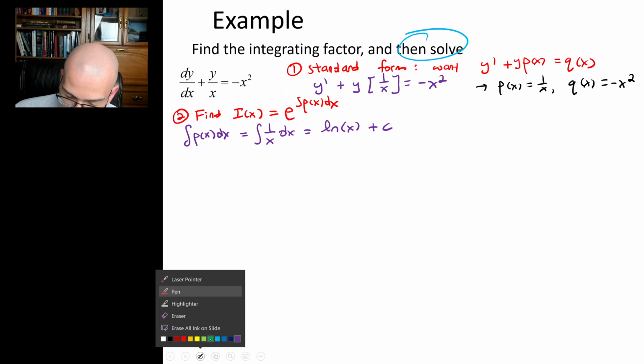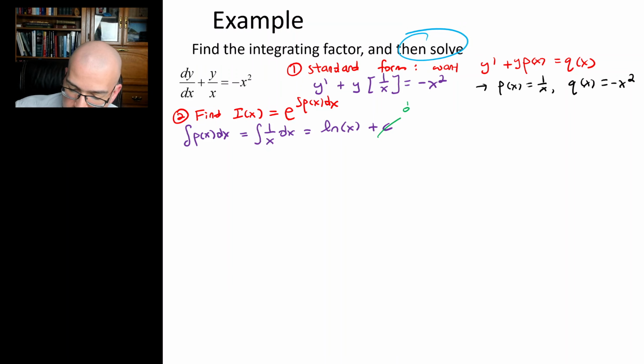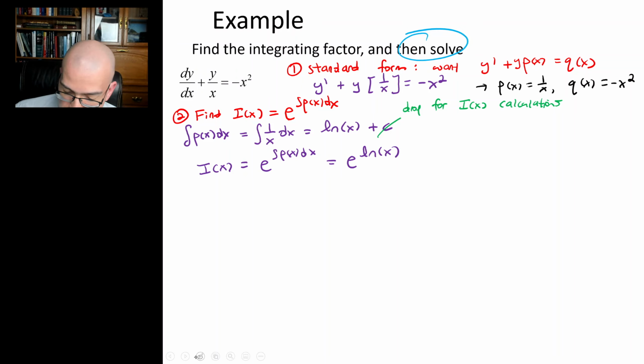Drop the plus c, because it's an integrating factor. Now we can say that I of x is equal to e to the integral of p of x, which is e to the ln of x. And we just get a straight cancellation law. We don't have to bring any numbers up as powers. We just get x.